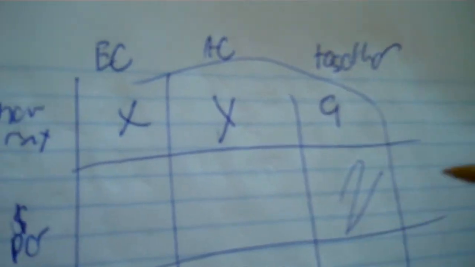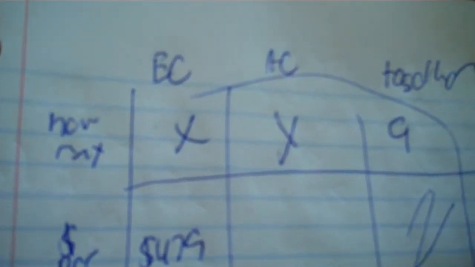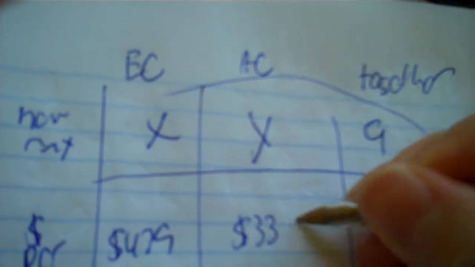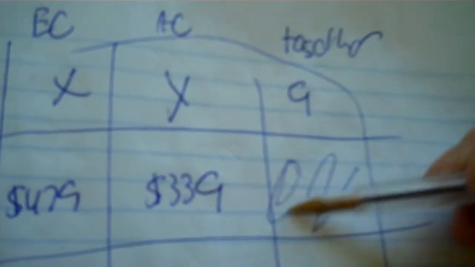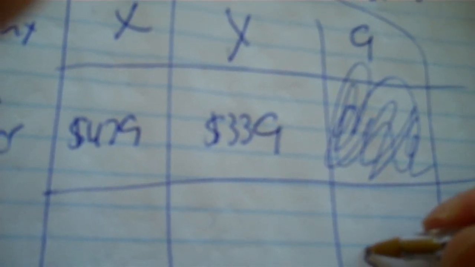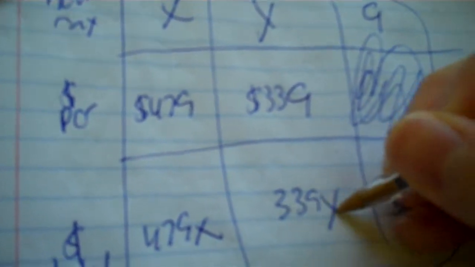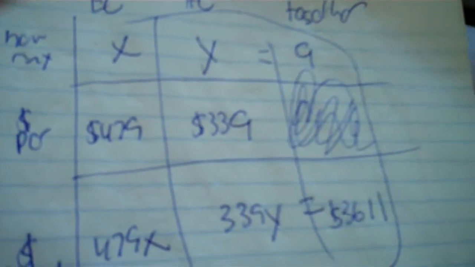So now cost per electric are $479. Acoustics $339, and we're not really putting them together, so that goes away. Now the total amount together we know is 3,611. Okay, and that's going to be 479x, 339y, and then we have our two equations. Now you don't have decimals, so don't multiply by 100.